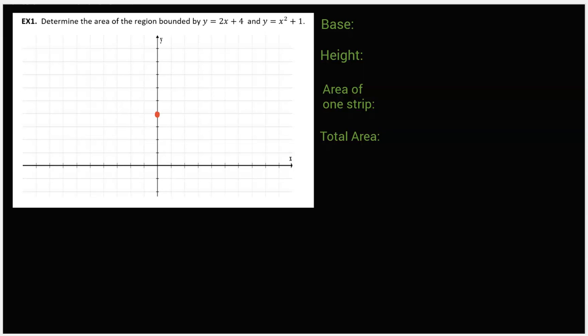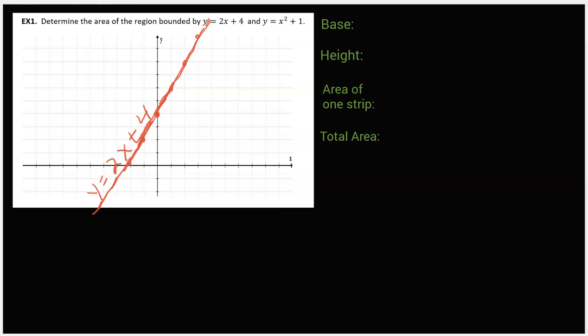And the slope is 2, so up 2 over 1, up 2 over 1, or down 2, left 1, and we have this particular line right here. So that's the line for the first function, y equals 2x plus 4.